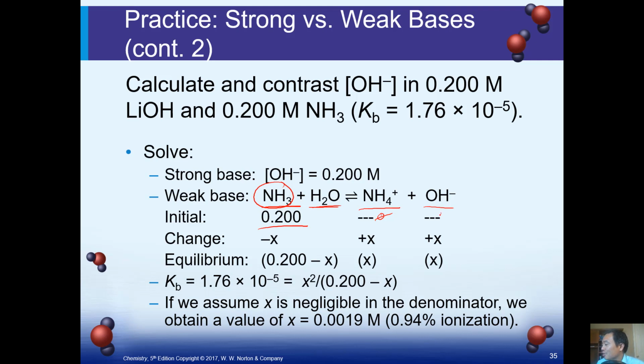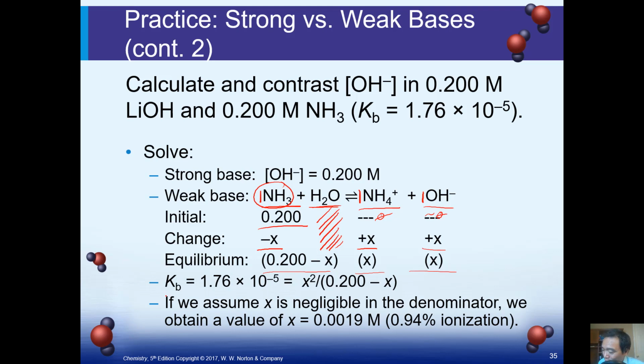Hydroxide, it's almost 0. Why? Because you have very small amount coming from the water autoionization. Everything is 1:1 ratio. To remember, you do not write anything in this column because water is a pure liquid, right? So that's why you have negative x here, plus x. You put everything together, it's very similar to what we did to the acid, to the weak acid equilibrium.